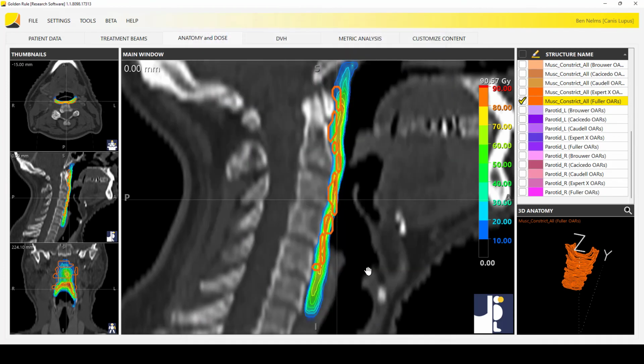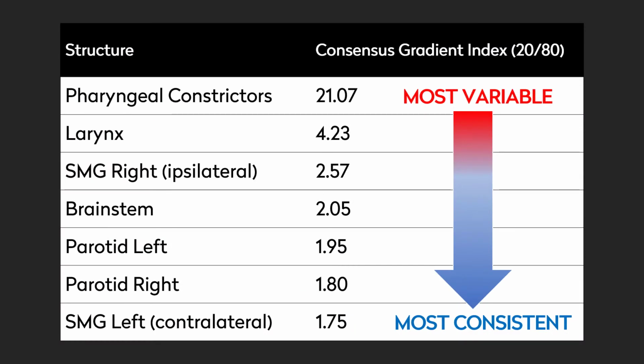So we got some work to do on all of these structures, really, but actually now let's rank them by variation. So let me build a table, and I'll be right back. All right, here is the tally from most variable to most consistent or least variable. Most variable by a mile are the pharyngeal constrictors.